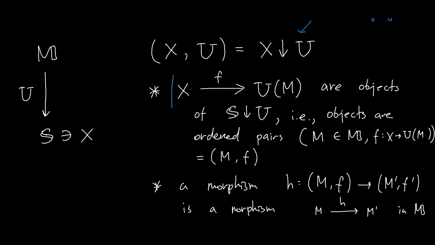So you see, when we say here that these are objects, this is a bit ambiguous because UM doesn't remember who M was. I actually want to remember M. That's why I wrote that they're actually pairs. I didn't quite realize that when I was writing this, so it should be, more precisely, pairs.